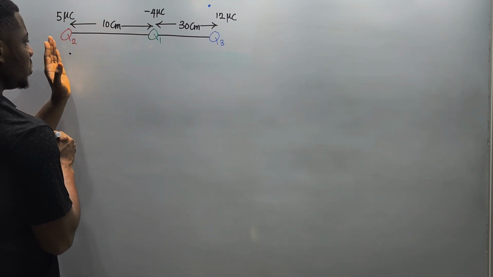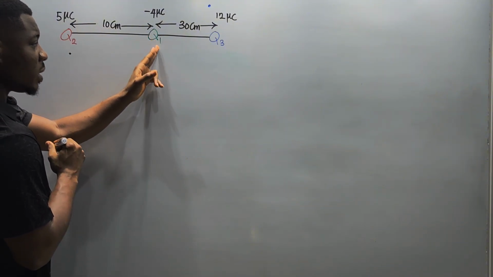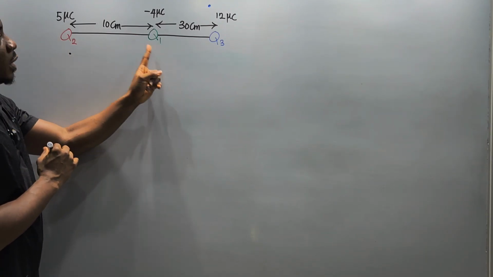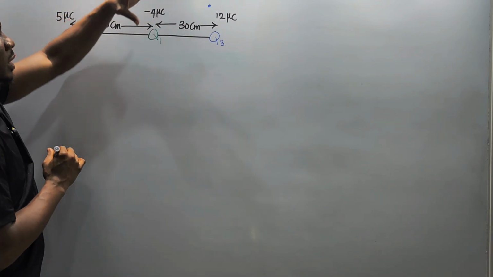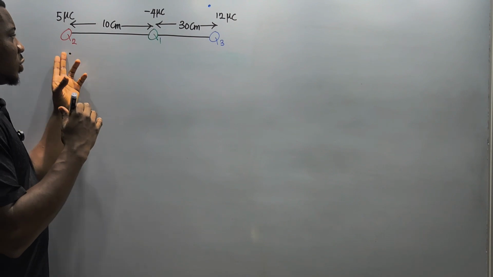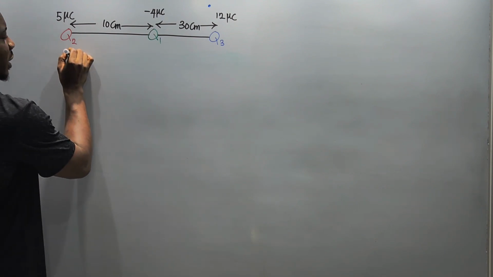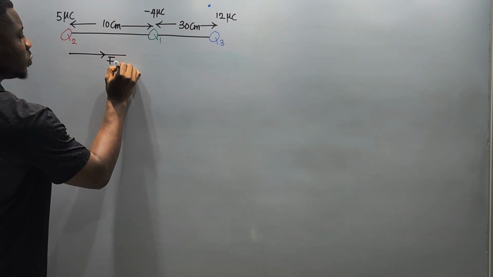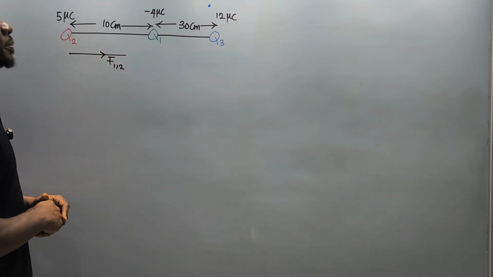In terms of the interaction of charge 1 on charge 2, charge 2 would attract towards it, because charge 2 has a positive charge and charge 1 has a negative charge. Since they are unlike charges, charge 2 is going to attract towards charge 1. So the force of 1 on 2 is an attraction of charge 2 to charge 1.